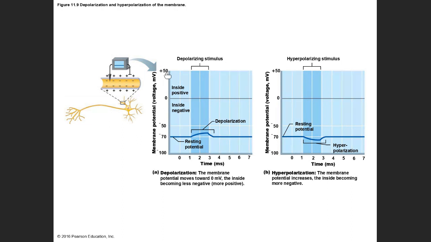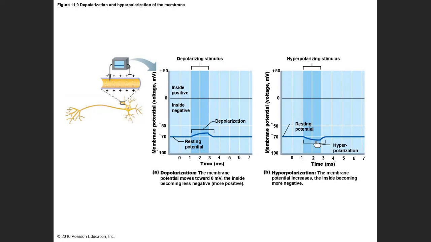Now up here it's showing positive 50. You may have neurons where their peak is positive 50, but positive 30 is a good standard number for peak. So you're seeing an elevation in the line here with depolarization. Over here on the right, if you're looking at hyperpolarization, remember, negative 70 is resting.